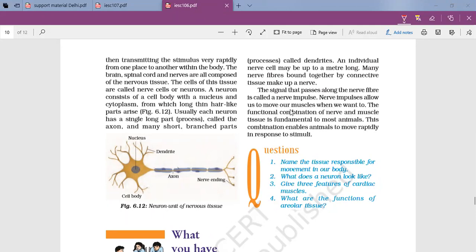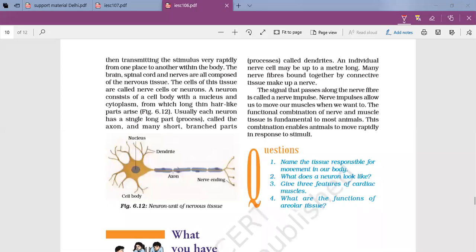So that is the main function. According to the brain and spinal cord's instructions, the muscles are moved. That information is transferred to and from the brain and spinal cord with the help of these neurons. This combination enables animals to move rapidly in response to stimuli. Stimulus, singular; stimuli, plural.